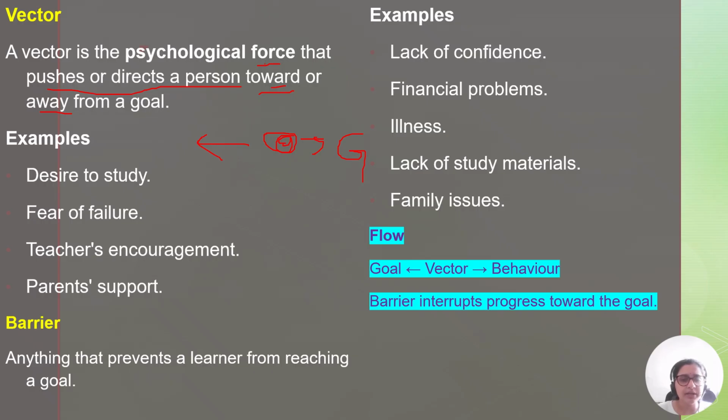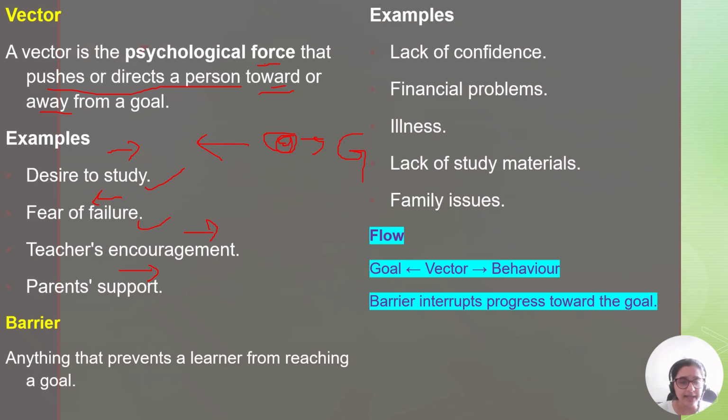Example: desire to study, fear of failure. Desire to study will push the person towards the goal. Fear of failure will push the person away from the goal. Teacher's encouragement and parents' support are towards the goal. So all these are various vectors that will either push a student towards or away from the goal.